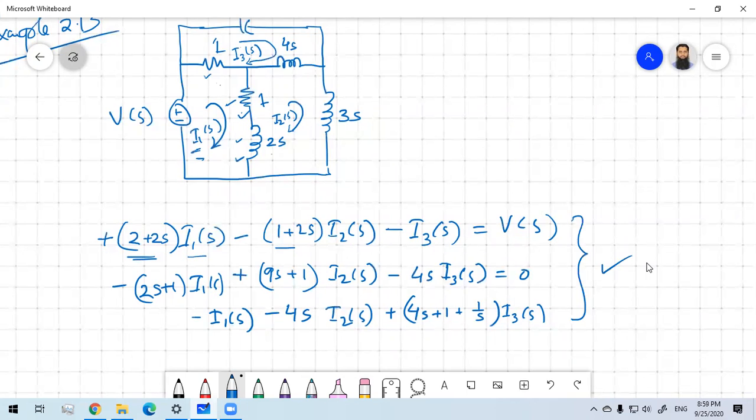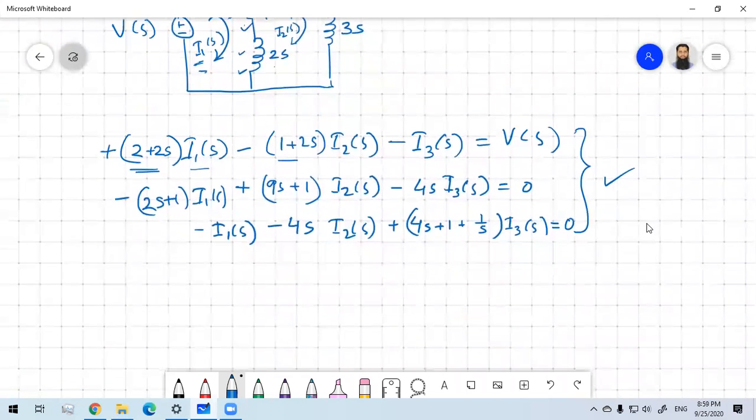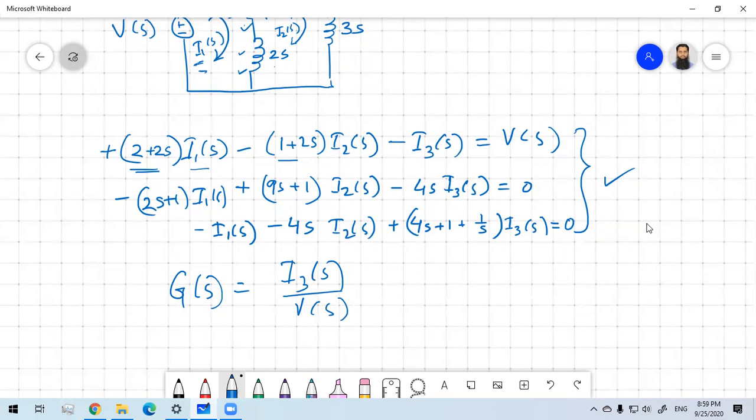One thing we missed here: there is no voltage source, so it should be 0. If they ask you to find the transfer function, say I3(s) by Vs, you have to apply Cramer's rule. Now you have 3 columns instead of 2, so the calculation will take more time, but you will be able to find the transfer function.